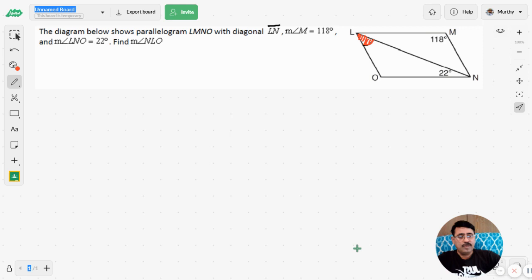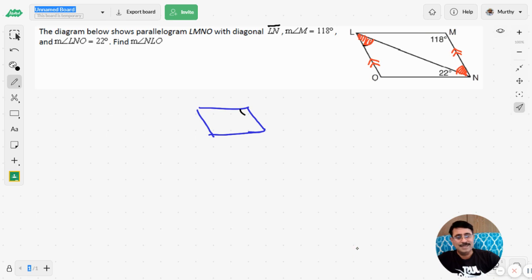In a parallelogram, opposite sides are parallel, right? Then to figure this out, if you can identify the value of this angle, then you can find it. Don't forget, in a parallelogram, the sum of consecutive angles, not adjacent angles, my apologies.